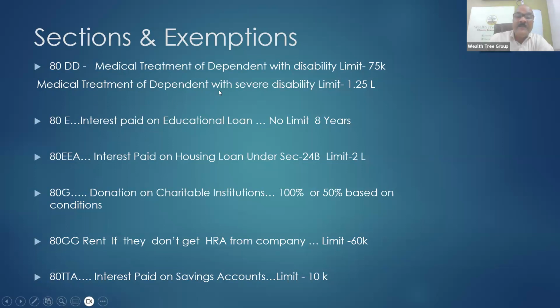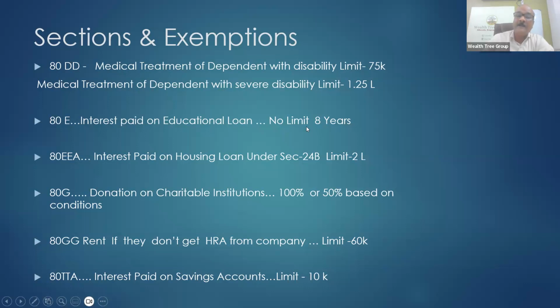And for medical treatment of a dependent with severe disability, the limit is the same thing but higher, up to 1.25 lakhs you can claim. And 80E is interest paid on educational loan.